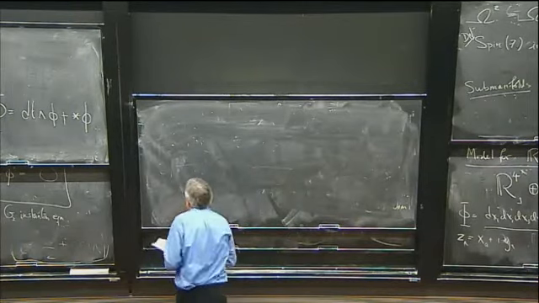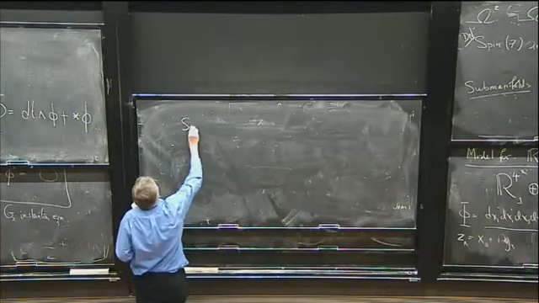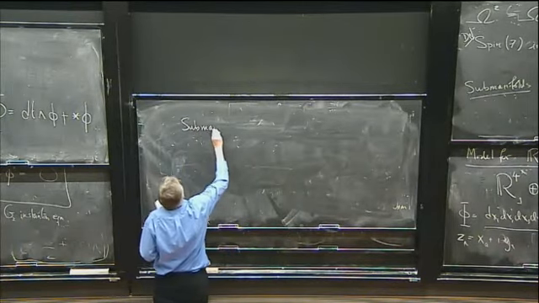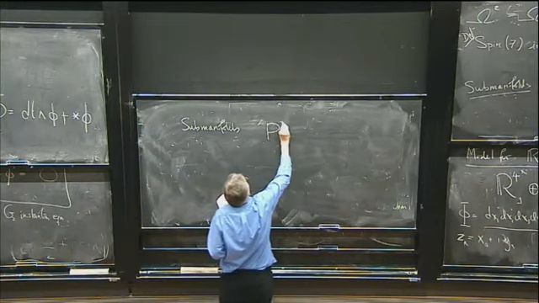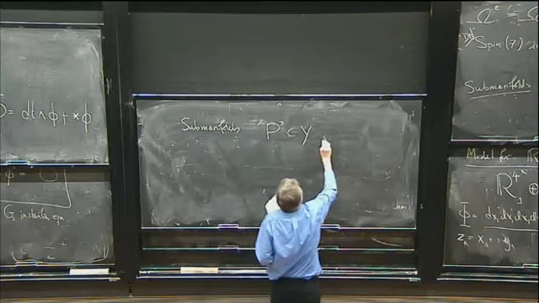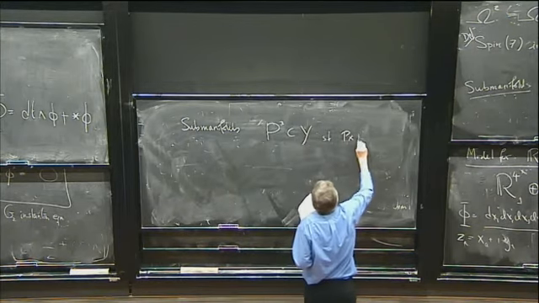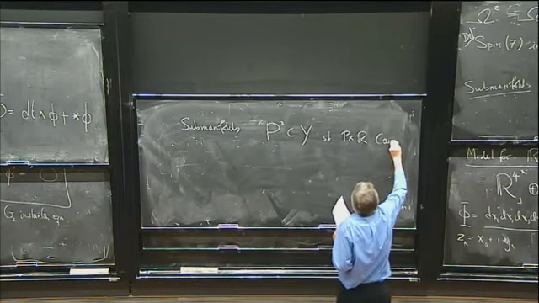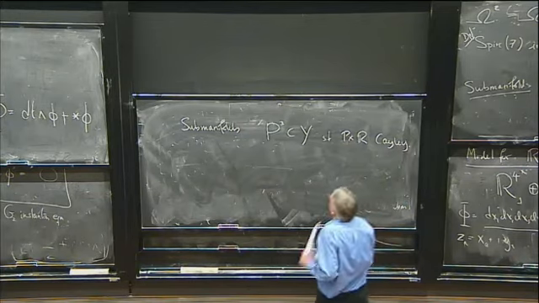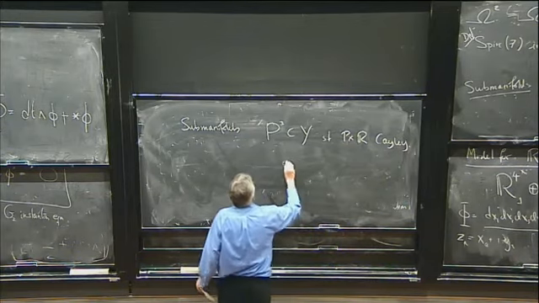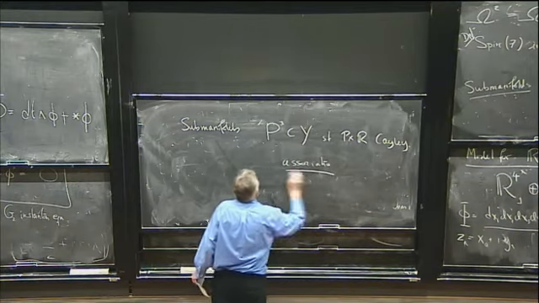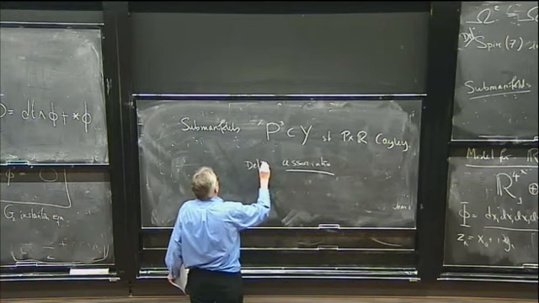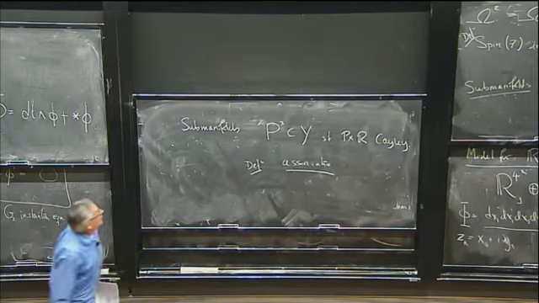So submanifolds. We can take a P3 in Y such that P times R is Cayley. These are called associative. That's the definition.